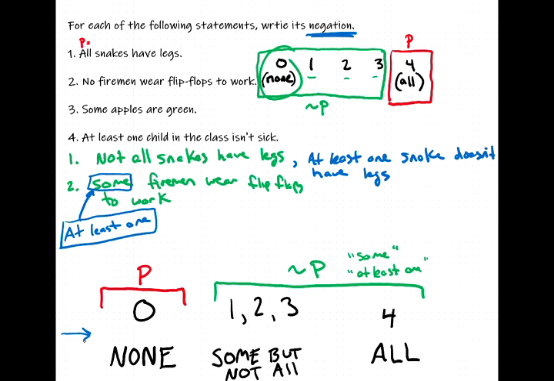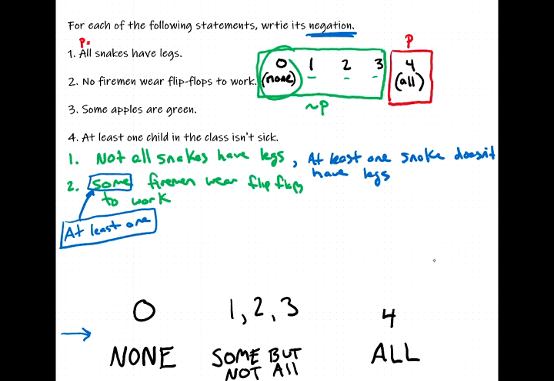All right, so number three, some apples are green. Well, we basically just switched the P and the not P, or we switched the negation and its statement. So some apples are green.